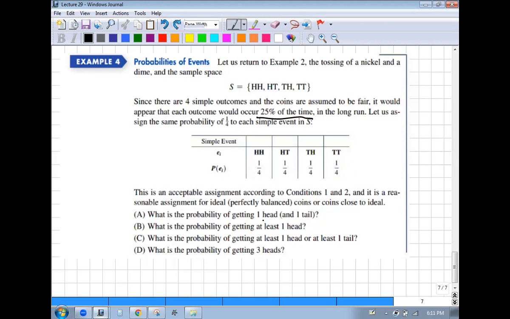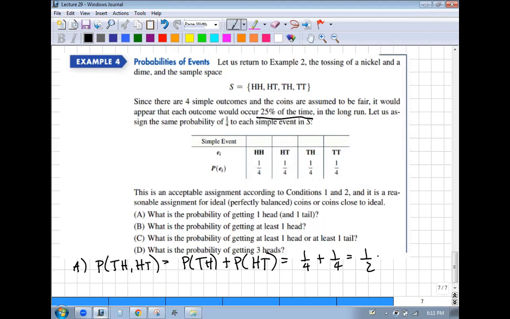What's the probability of getting one head and one tail? Well, you'd have to take the probability of this plus the probability of that. So the probability of tails-heads plus the probability of heads-tails should be 1/4 plus 1/4, which is 1/2, or 0.5, or a 50% chance, because it's 2 out of the 4 possibilities.